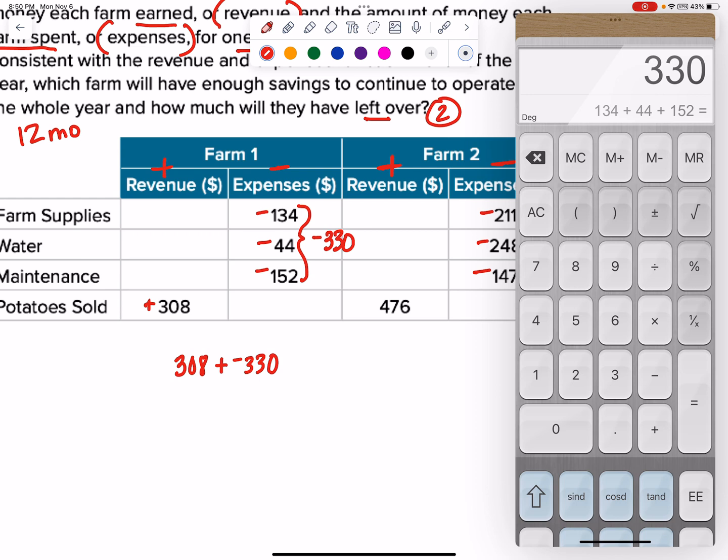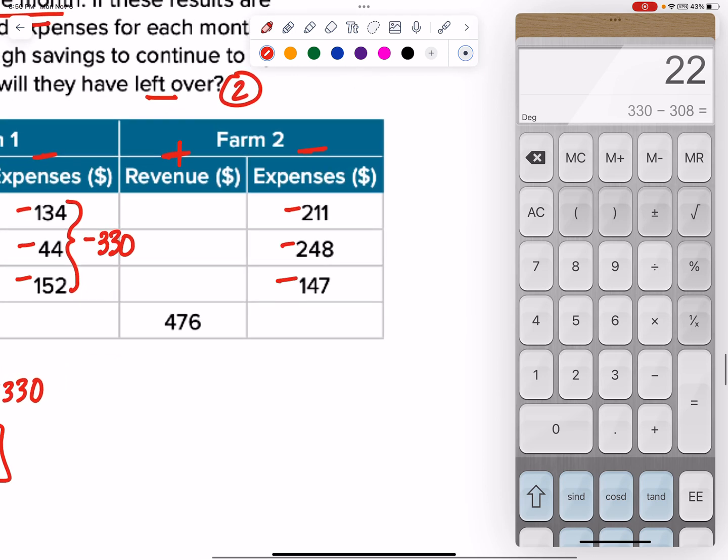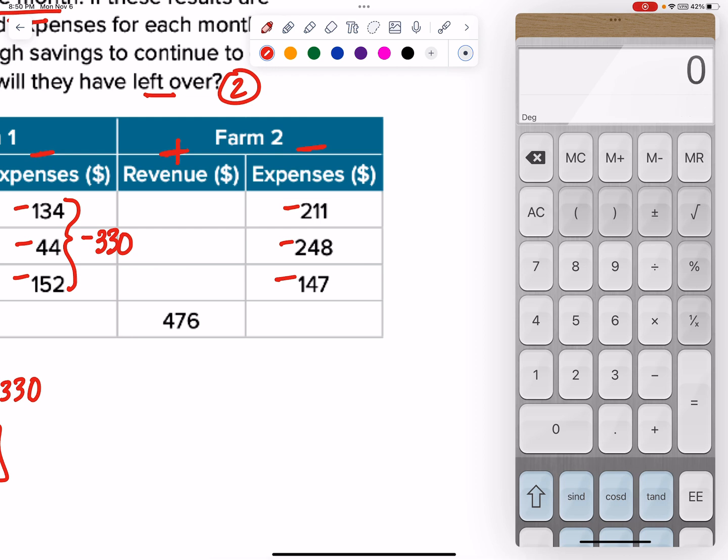Okay. So same signs add and keep, different signs subtract, 330 minus 308. And we're left with, keep the sign of the bigger, we're actually at a negative $22 for farm 1. And let's go ahead and calculate farm 2. So add up all the expenses, all the negatives.